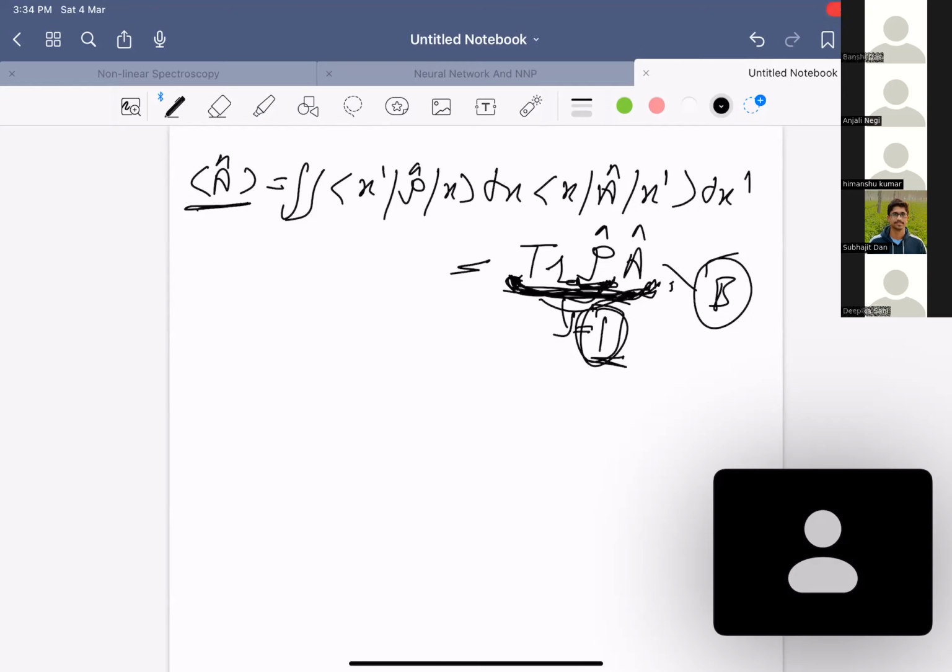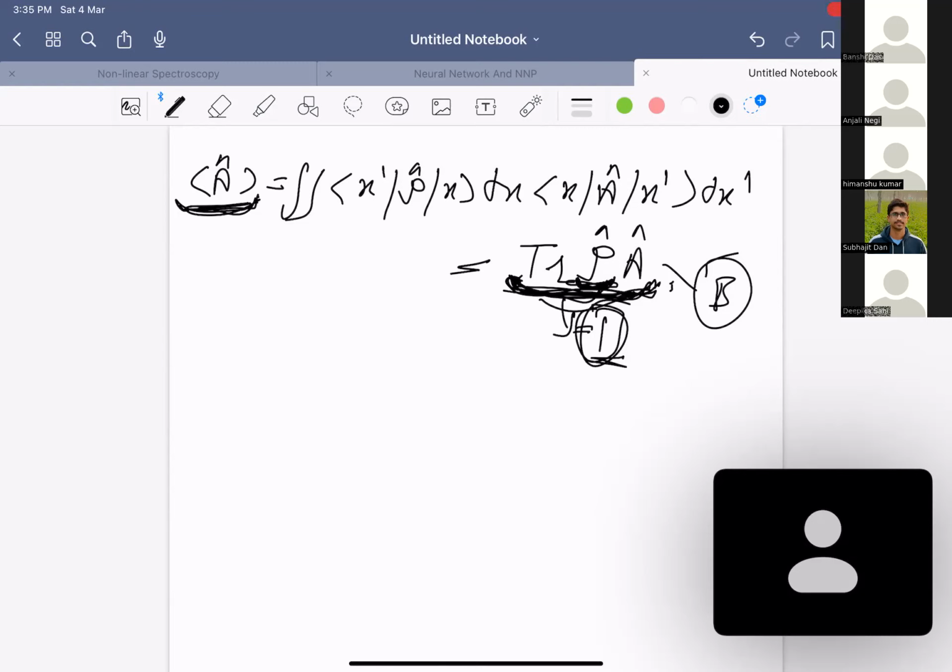So the two approaches are the same in the sense that the expectation value turns out to be the same for both approaches. Either you define it from the quantum point of view or the statistical point of view, the end will always be the same.